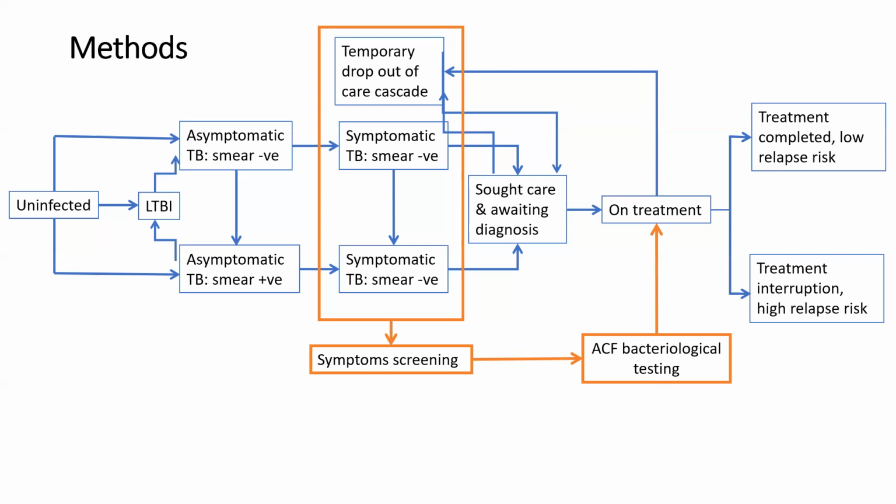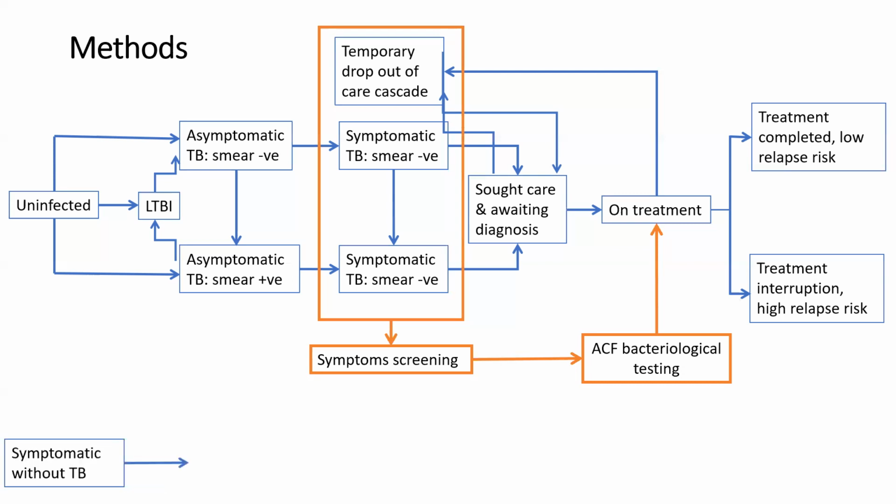So basically, active case finding identifies infectious individuals through symptom screening, followed by bacteriological confirmation testing, and they are started on treatment. However, active case finding cannot determine whether they will complete their treatment or not. So it's up to individuals.